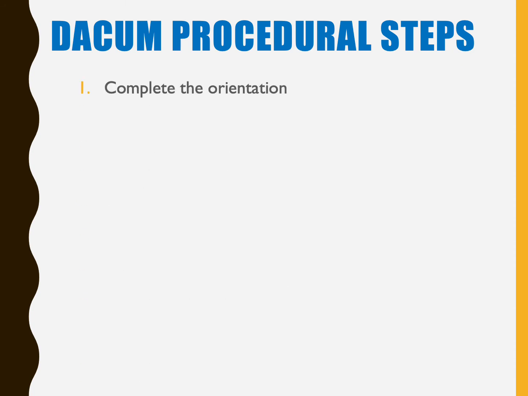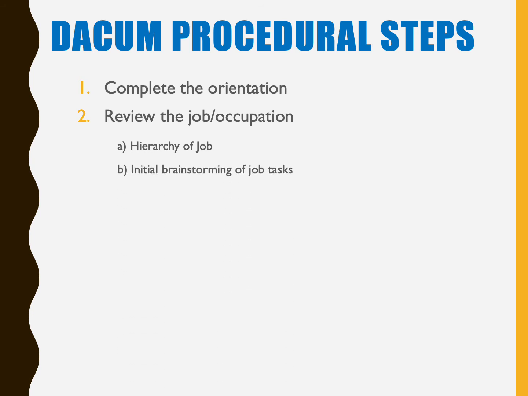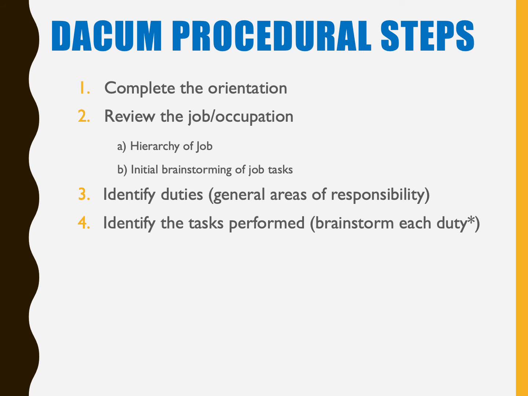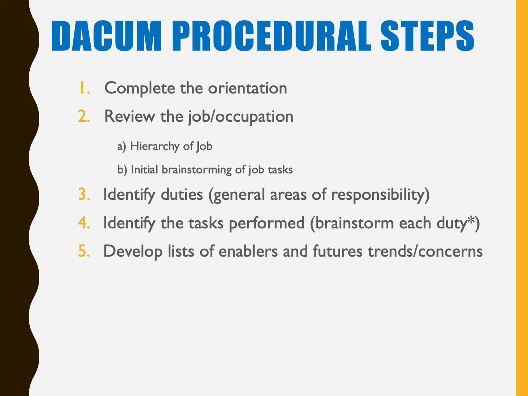The procedural steps include completing this orientation. Then we will begin a review of the job, the whole job or occupation, the hierarchy, the initial brainstorming. Then we will begin to identify the general areas of responsibility, the major duties, and then we will break down each of those duties into its associated tasks.